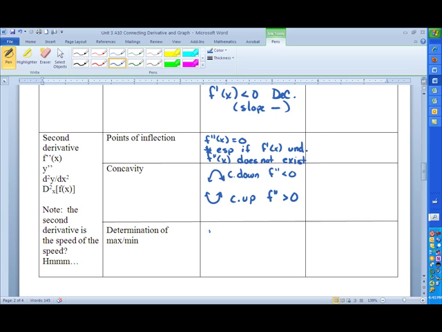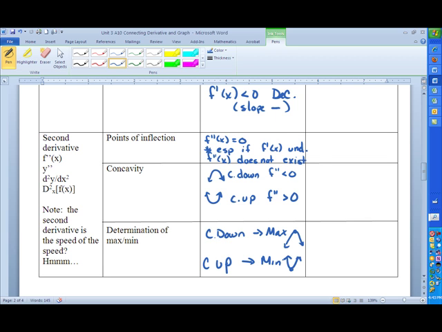If it is concave down, that means we have a max at the given point, because it would be at the upper side. If it is concave up, that means we have a min, because we have the lowest point there.